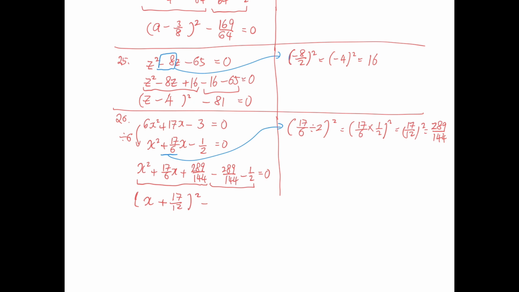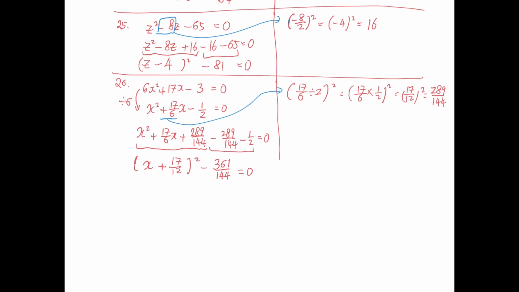So you get minus 5 over 2. Oh, sorry, I pressed wrong. 2, 8, 9. Okay, so it should be minus 361 over 144 equal to 0.